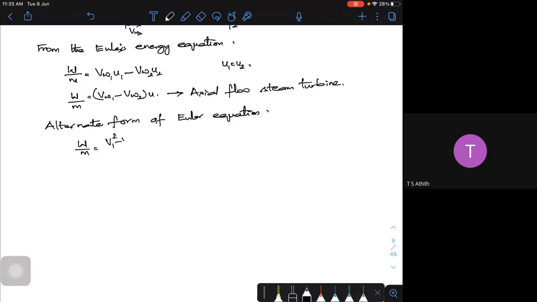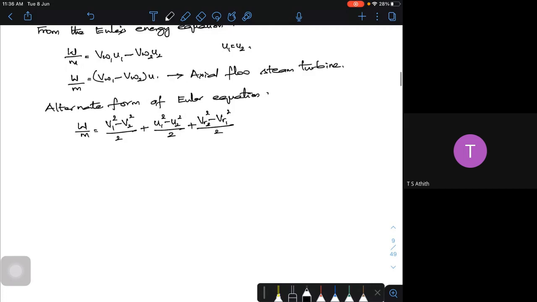V1 squared minus V2 squared by 2, plus U1 squared minus U2 squared by 2, plus VR2 squared minus VR1 squared by 2. This is the general one that I am writing. For an axial flow machine, U1 is equal to U2, so U1 squared minus U2 squared gets cancelled.